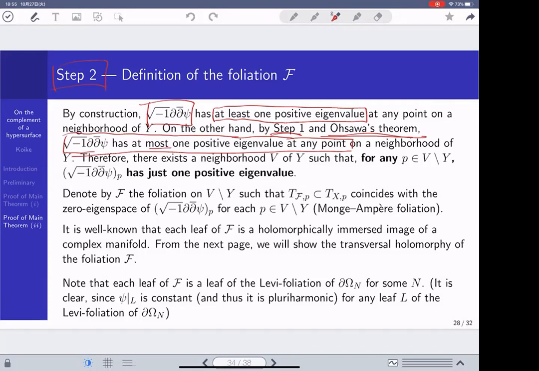So the complex Hessian of psi has at most one positive eigenvalue at any point on the neighborhood of Y.